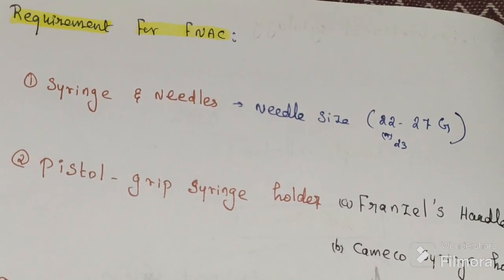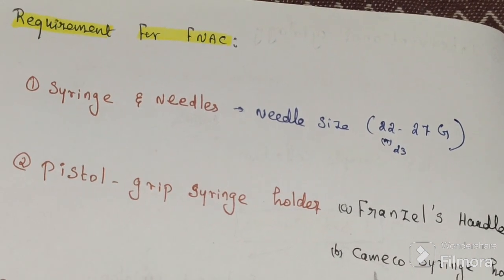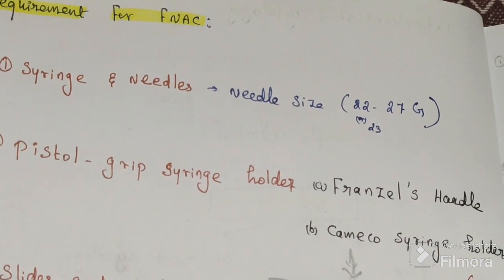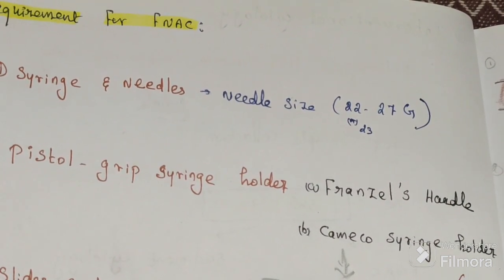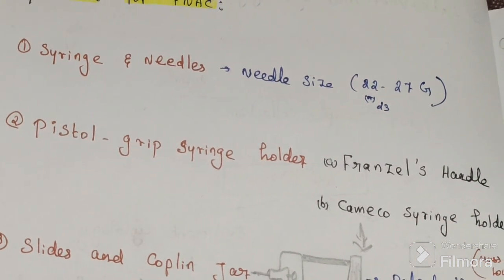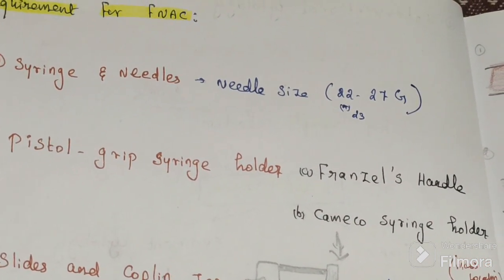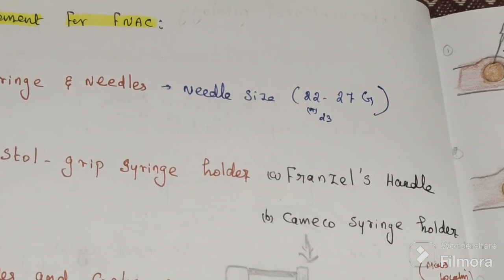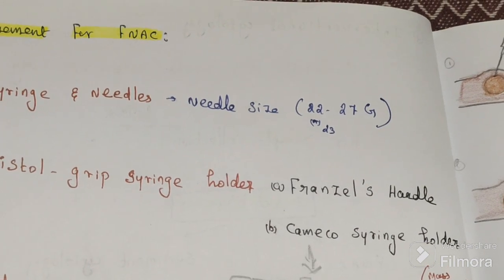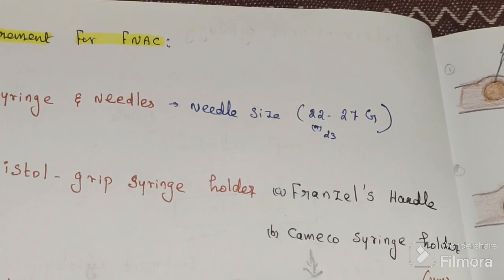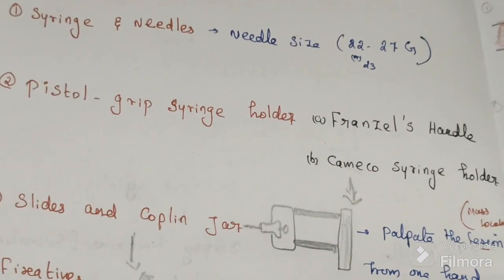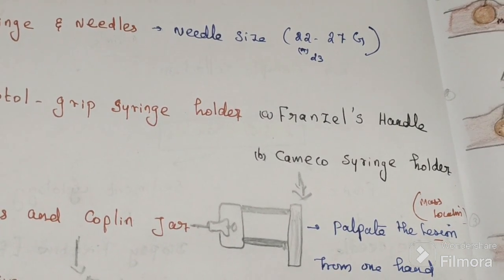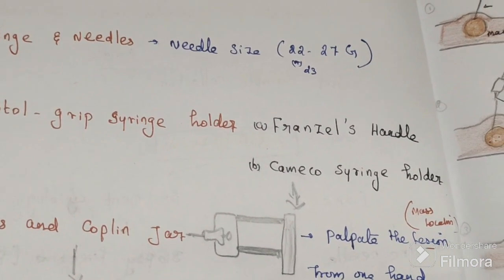So the patient should also be aware of all those outcomes. We require syringes and needles of size 23 to 27 G. Then pistol grip syringe holder, that is very important. There are two types of syringe holder: one is Franzen handle, second one is Cameco syringe holder.